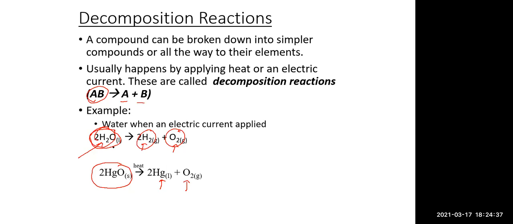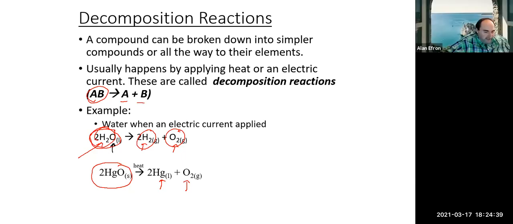For example, here, before I started scribbling on it, this water obviously had oxygen involved. And usually when you have oxygen, if you're doing some type of decomposition, O2 gas is usually generated as a result of that. Same thing here. You can see this has some oxygen in it, and it will also generate some O2. So that's a common product that you will get.